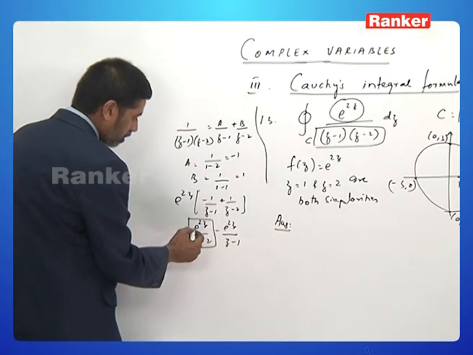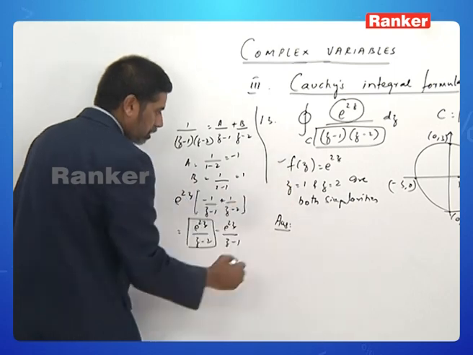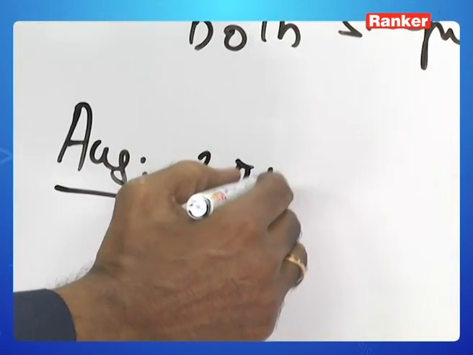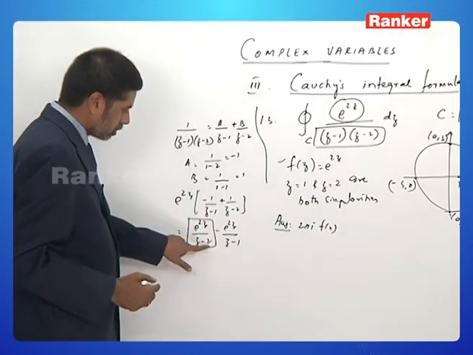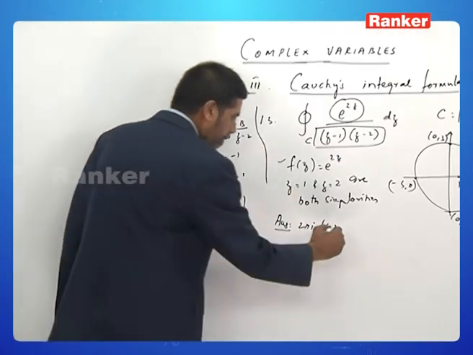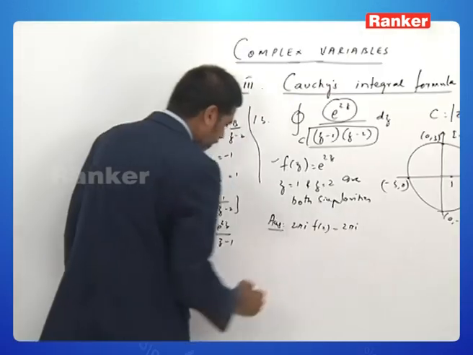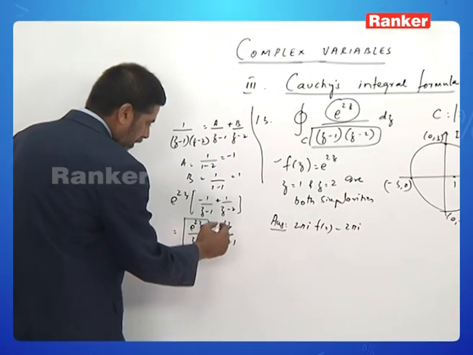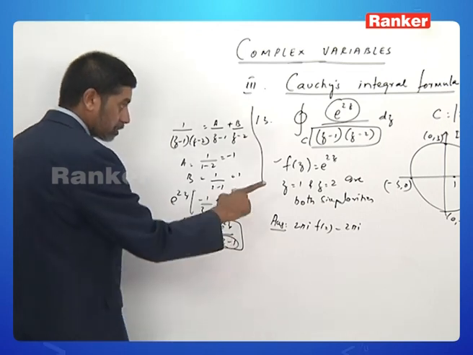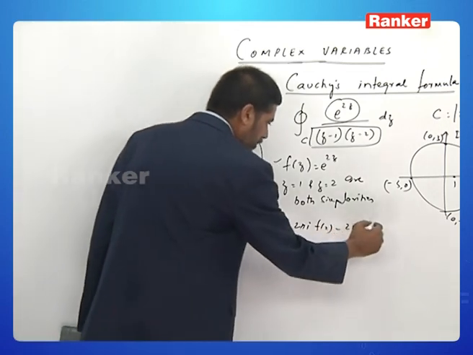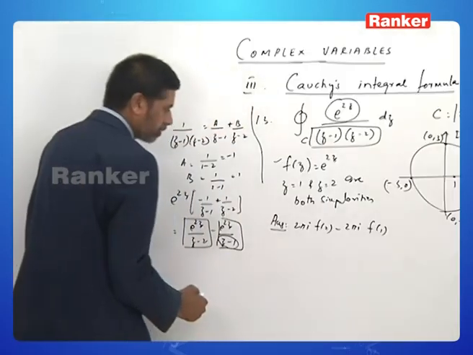Assuming this is f of z, the answer will be 2 pi I times f of 2, minus 2 pi I times, again for this part z is equal to 1 is the singularity which lies inside the contour. So therefore you will get 2 pi I times f of 1.